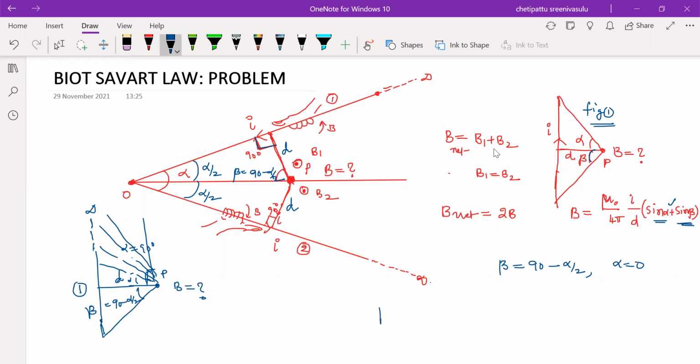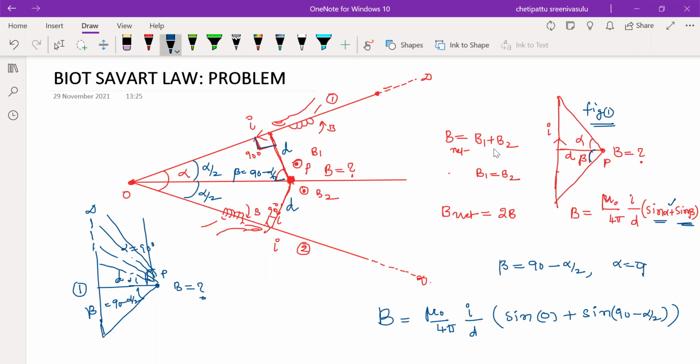So what is the formula? Magnetic field B equals mu naught upon 4 pi, I upon D, sin alpha plus sin beta. Sin alpha with alpha 90 degrees is 1, and sin beta equals sin of 90 minus alpha by 2.